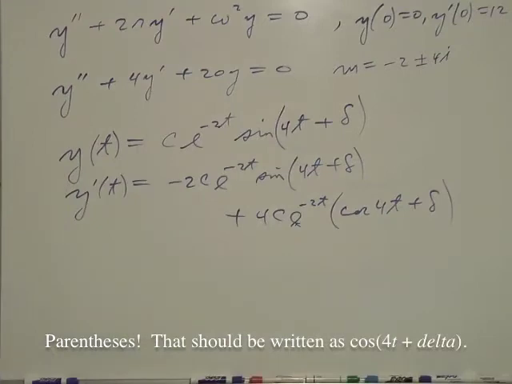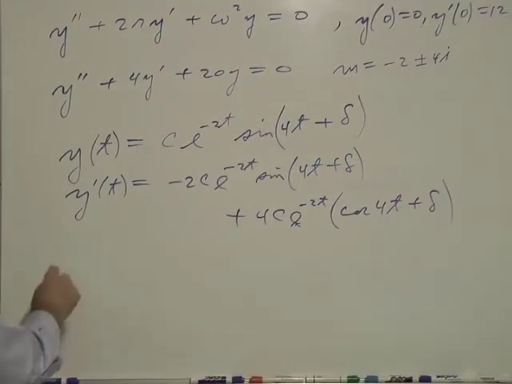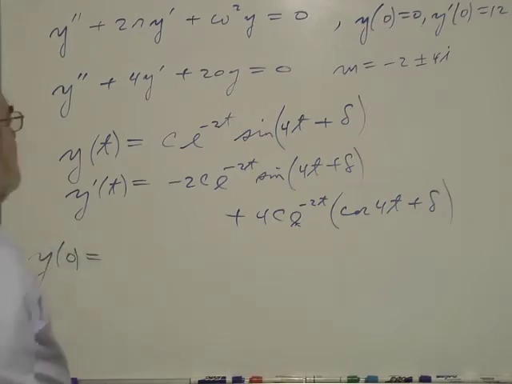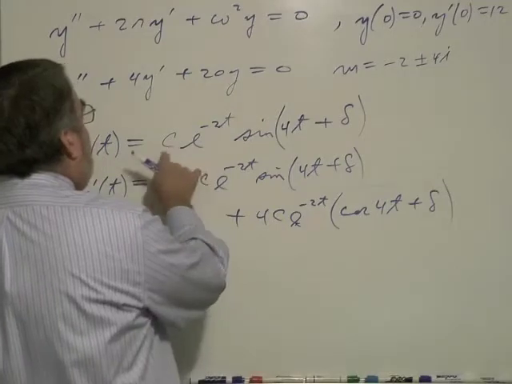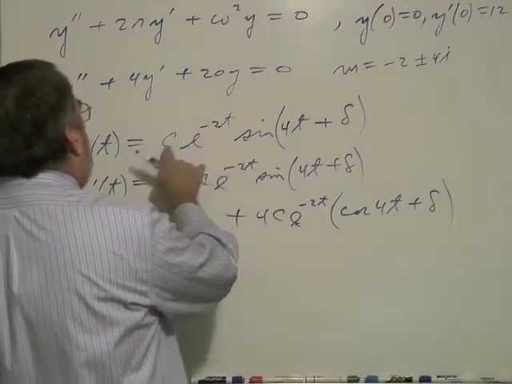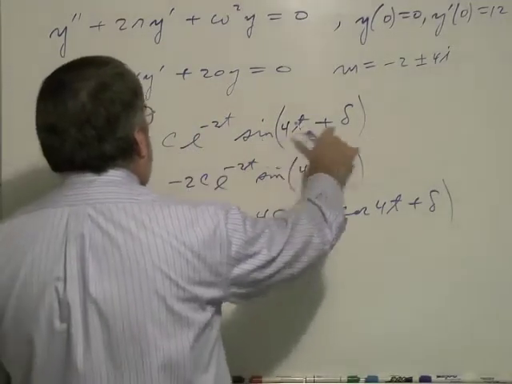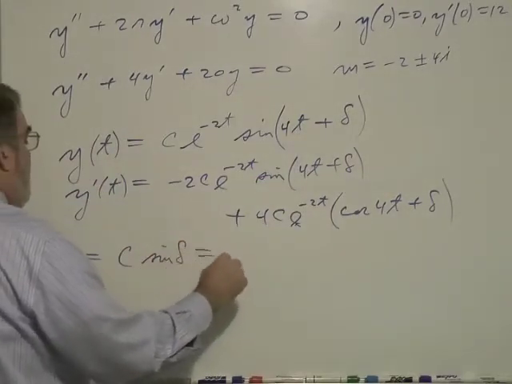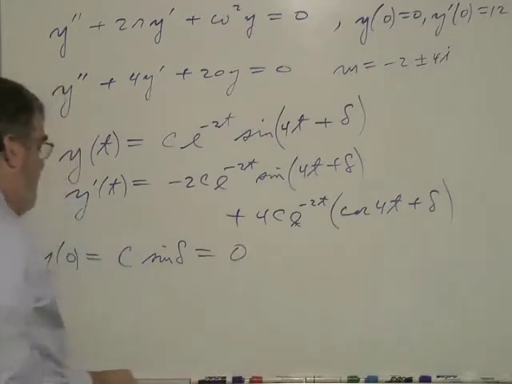Alrighty, now then, y at 0. Well, I plug 0 in. Up here, I get c times e to the 0, that's 1, times sine of delta, and that's equal to 0.